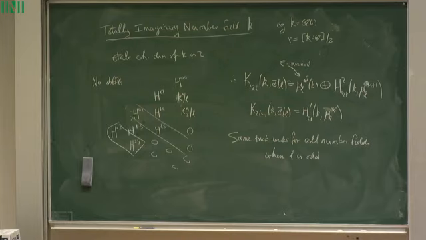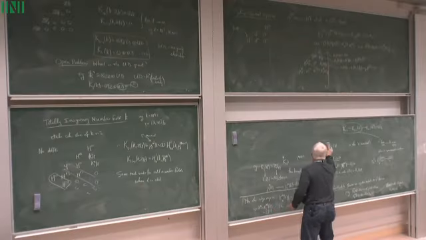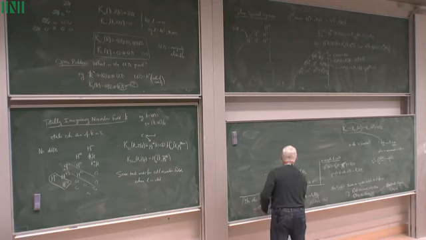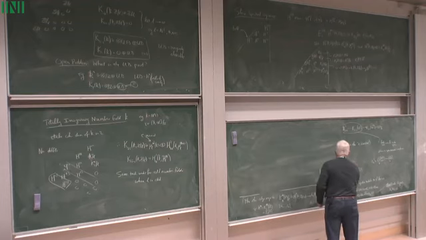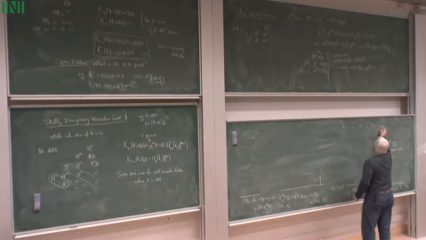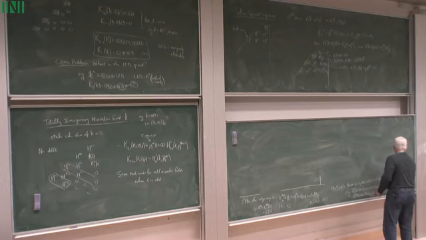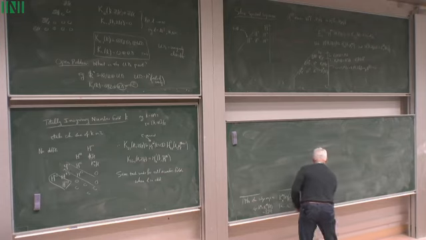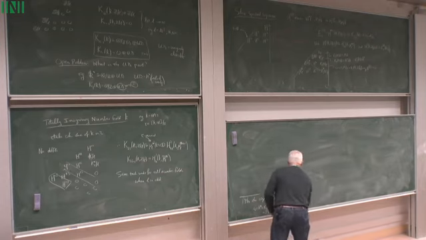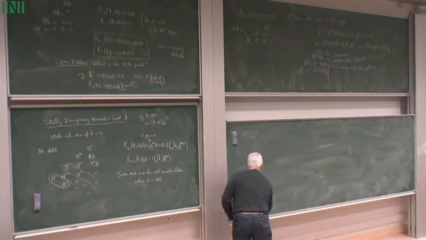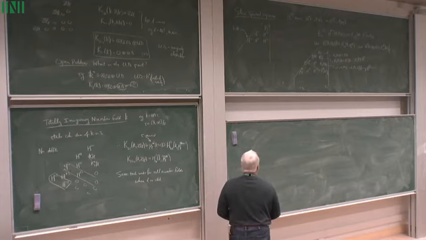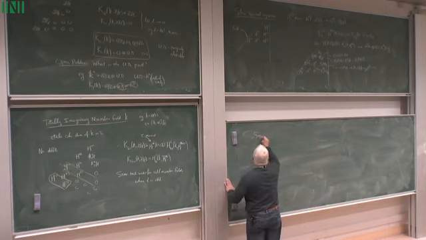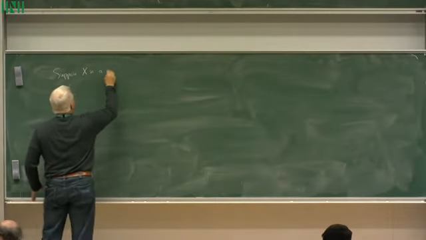Maybe I do one more example and then I stop. Suppose X is a smooth elliptic curve.